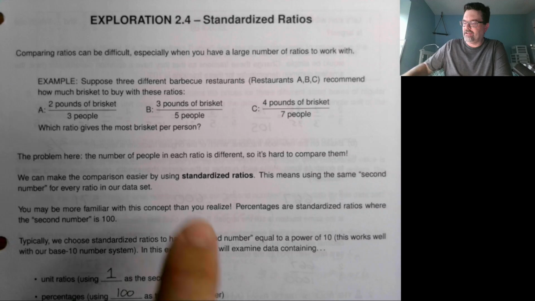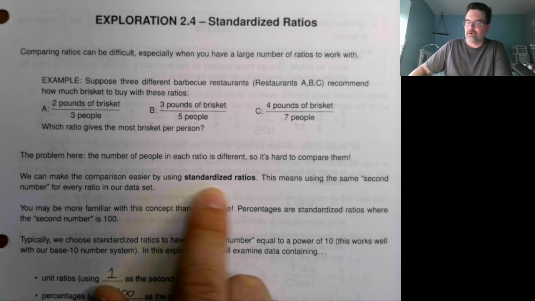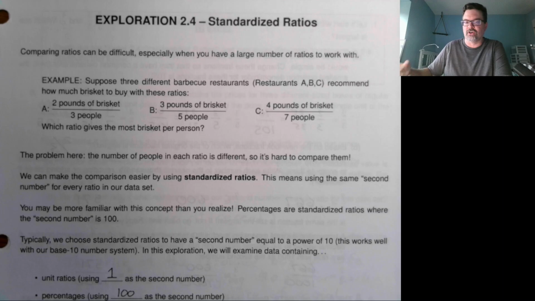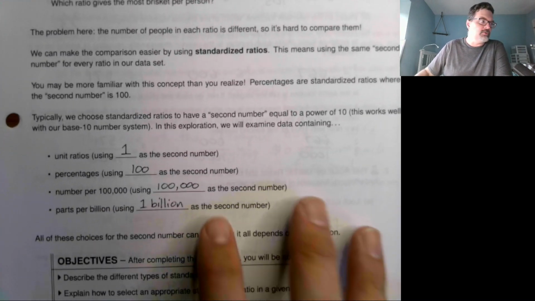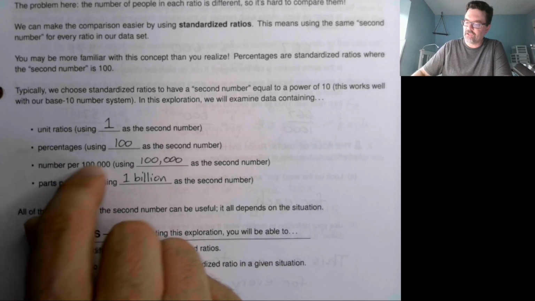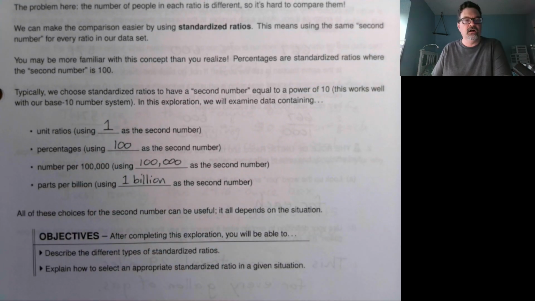Now, ratios that have the same second number are called standardized ratios, and there are lots of those that we actually use. One of those is percentages, in fact. So the four that we're going to run into here are these. A unit ratio, so that's just some amount of whatever per single unit of something else.